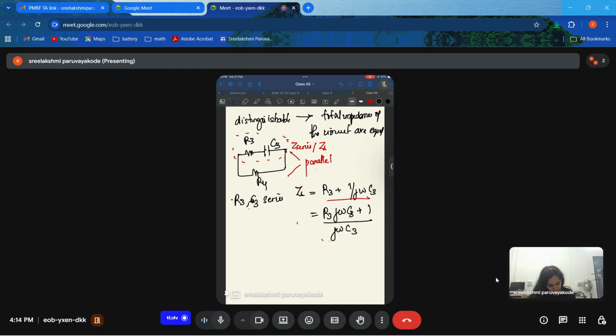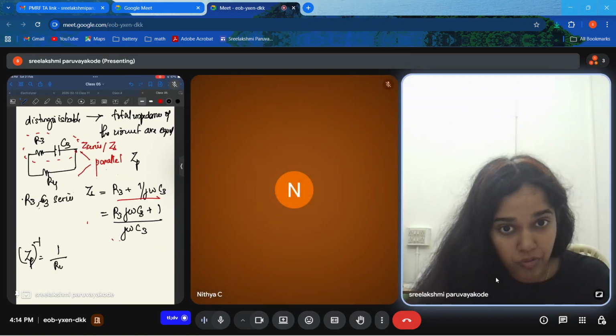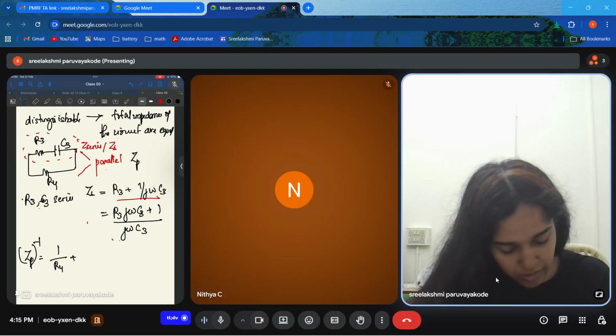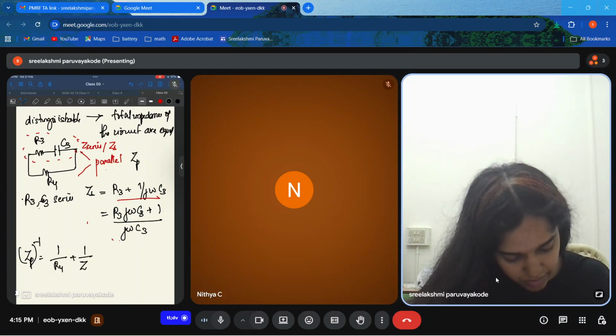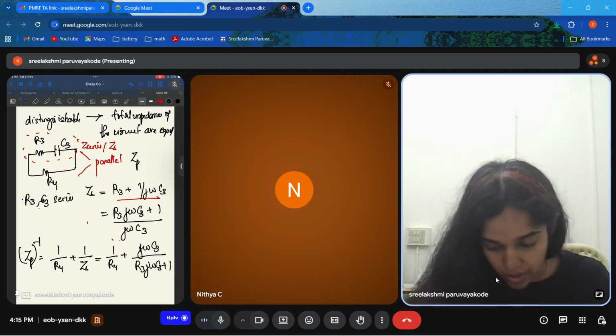They both are in parallel, so I'll write it as ZP. ZP becomes, because it is in parallel, I have to take the inverse: 1 by R4 plus the reciprocal of ZS. So 1 by R4 plus j omega C3 by R3 j omega C3 plus 1.